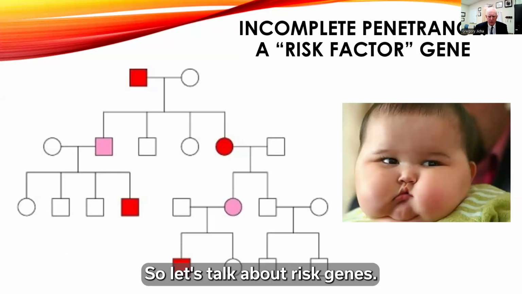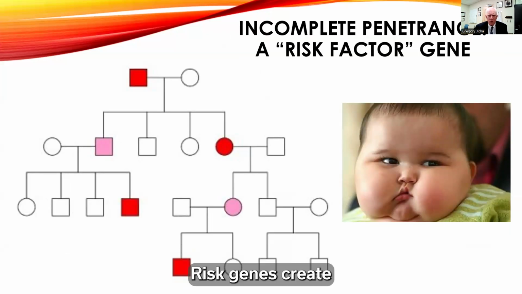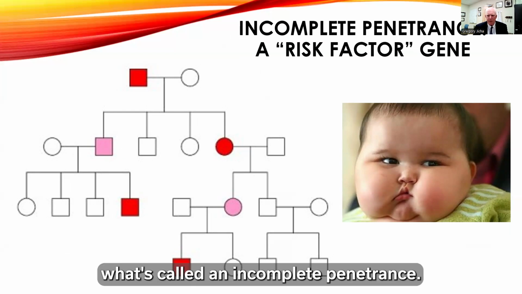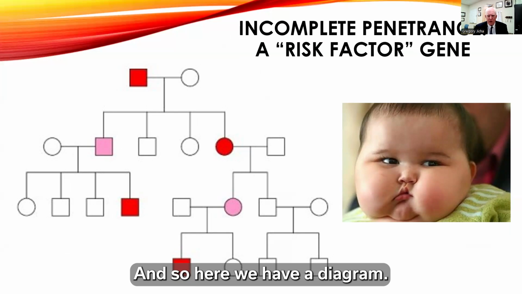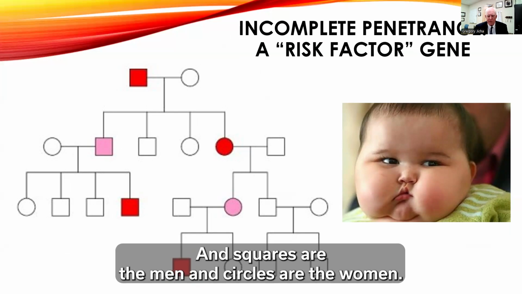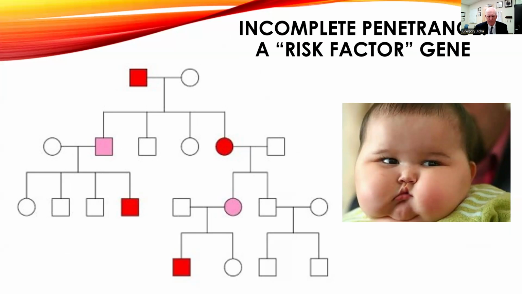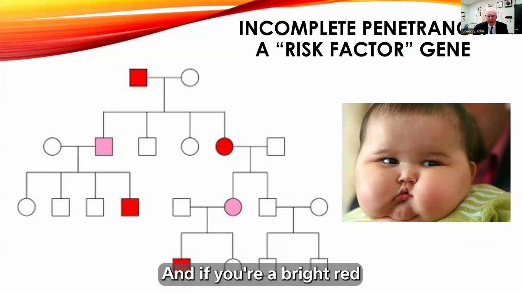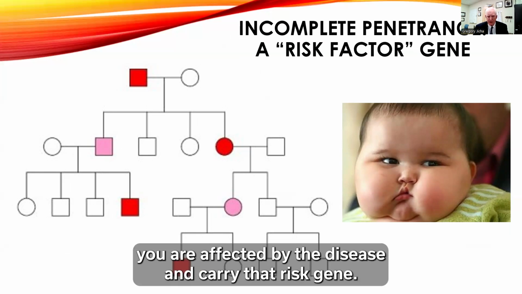So let's talk about risk genes. Risk genes create what's called an incomplete penetrance. And so here we have a diagram, and squares are the men and circles are the women. And if you're bright red, you are affected by the disease and carry that risk gene.